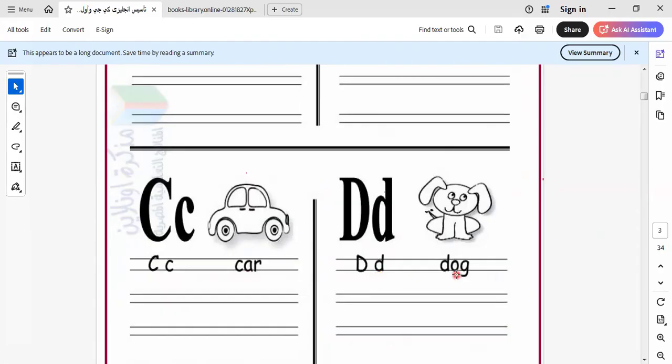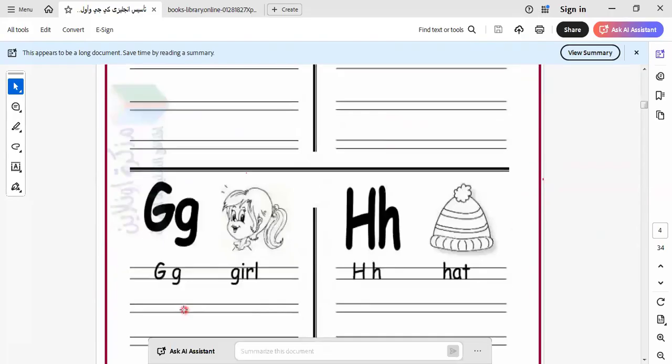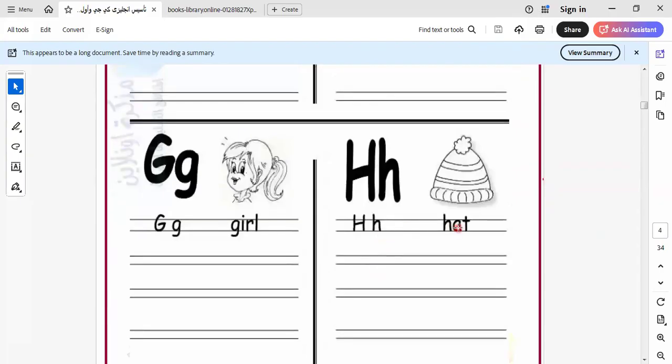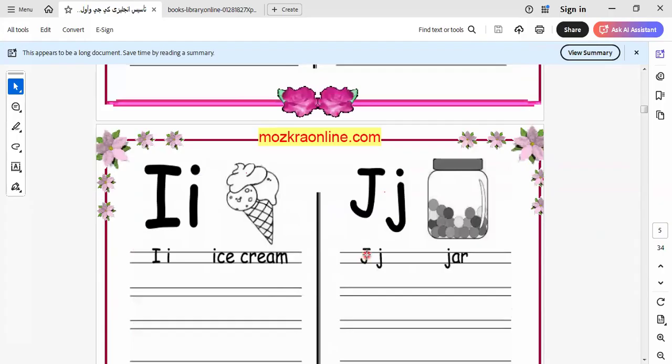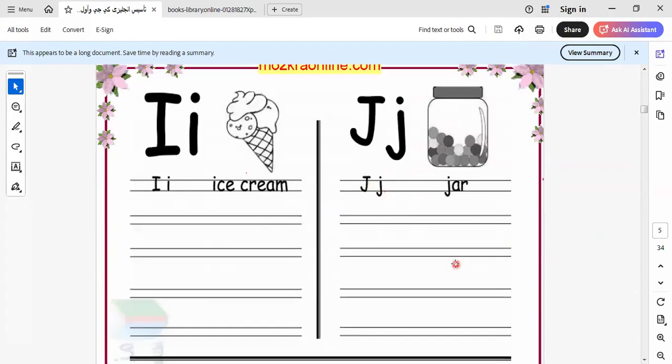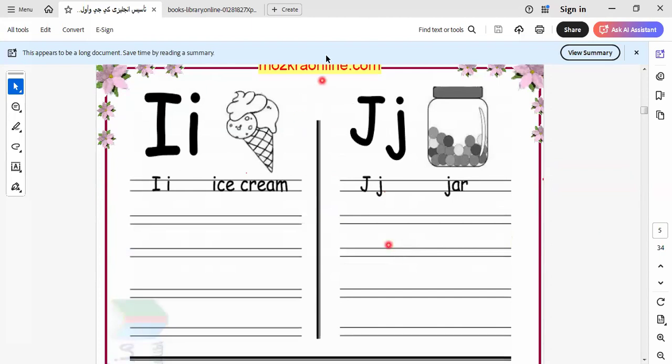Capital D and small d, dog. Capital E and small e, elephant. Capital F and small f, fish. Capital G and small g, girl. Capital H and small h to be hat. Capital I and small i, ice cream. Capital J and small j, jar. Today we stop here on letter J. Next video we will continue.